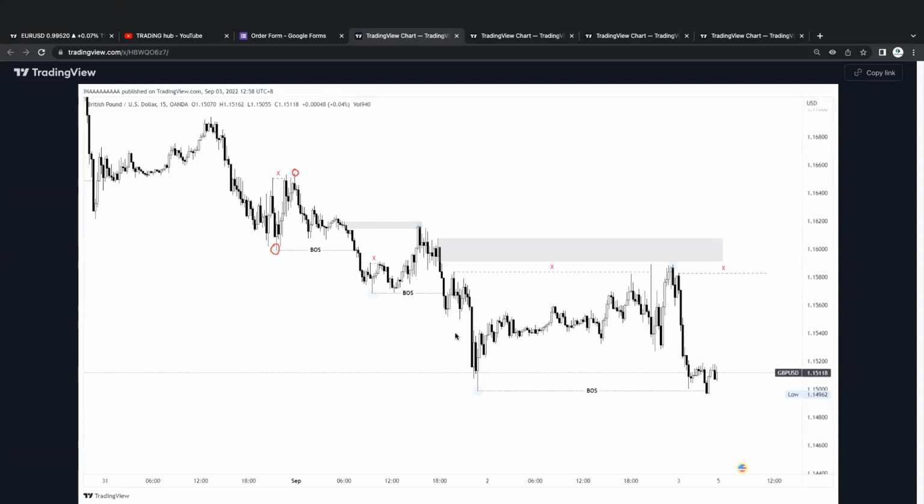Break of structure, push downside, take out the inducement and go lower. Yes, technically this one is a break of structure and this is inducement. Perfect. And between this major high and low, anything that happens between this major high and low is our whole internal structure. Okay.